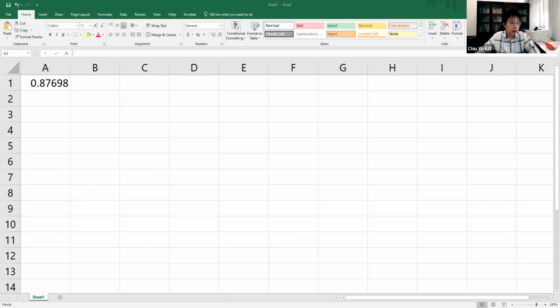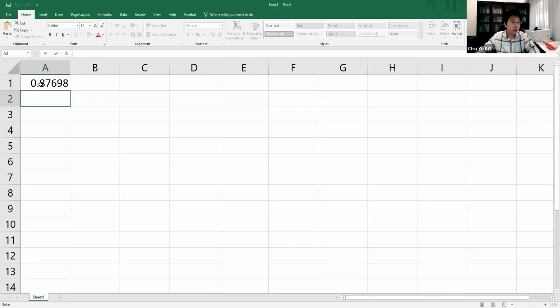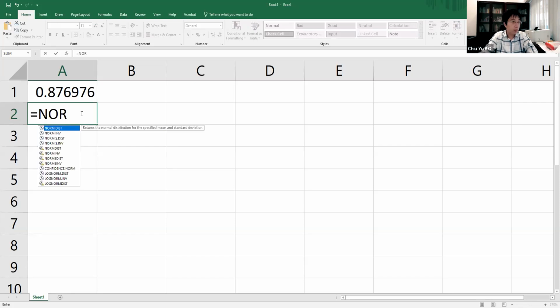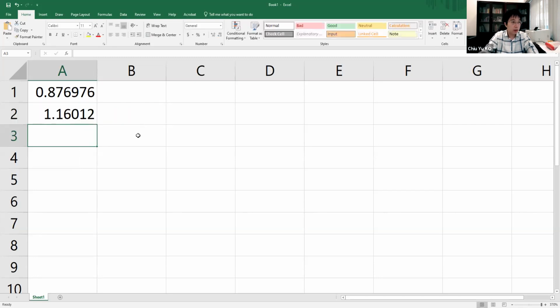Here I want to tell you there's another function that will directly give you the answer. It's called NORM.S.INV. So there will be NORM.S.INV, and you want to find 0.877. Then it gives you this answer.